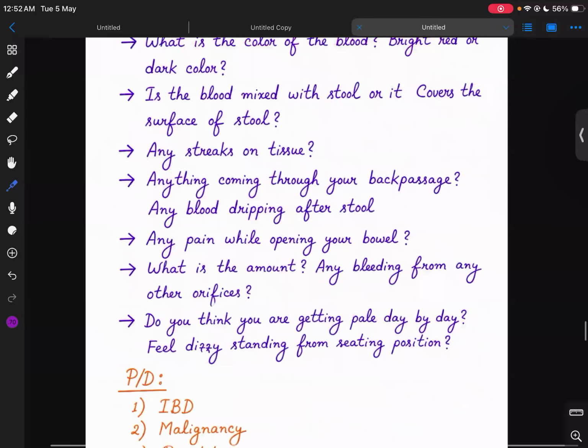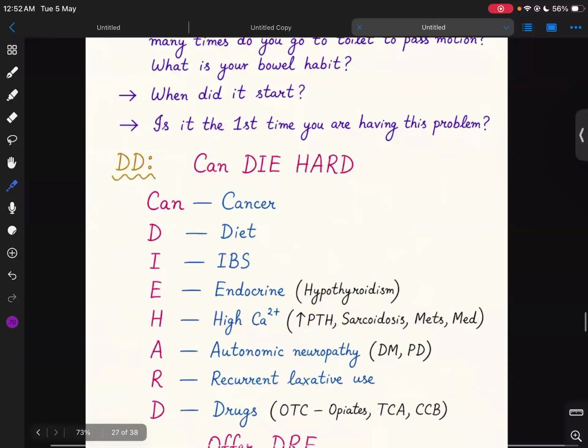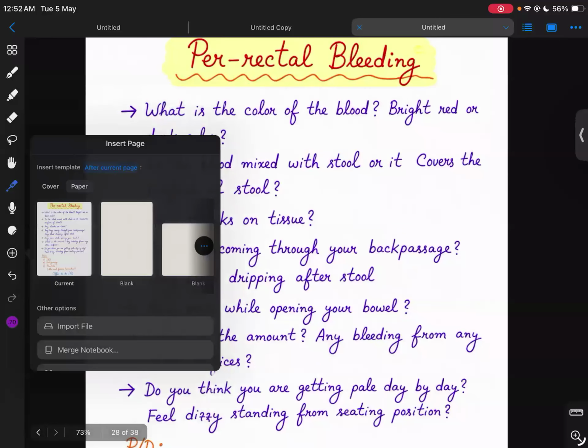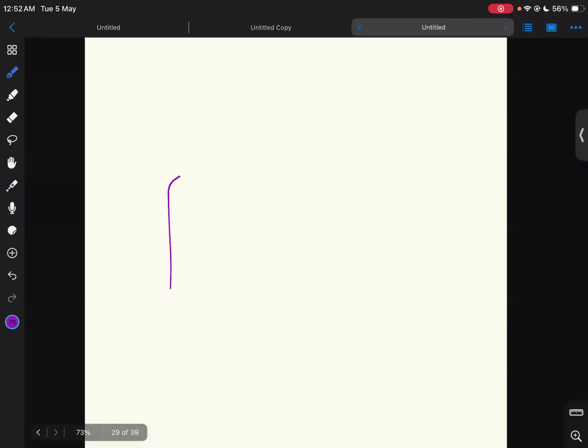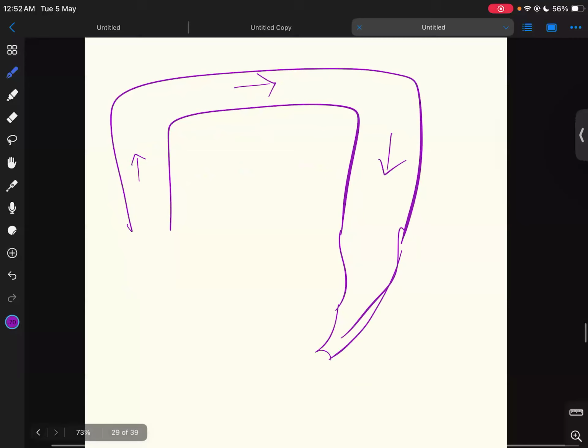Okay, let me show you. Let me discuss with you. So this is our colon. This is the ascending colon. This is the transverse colon. This is the descending colon. This is the sigmoid.